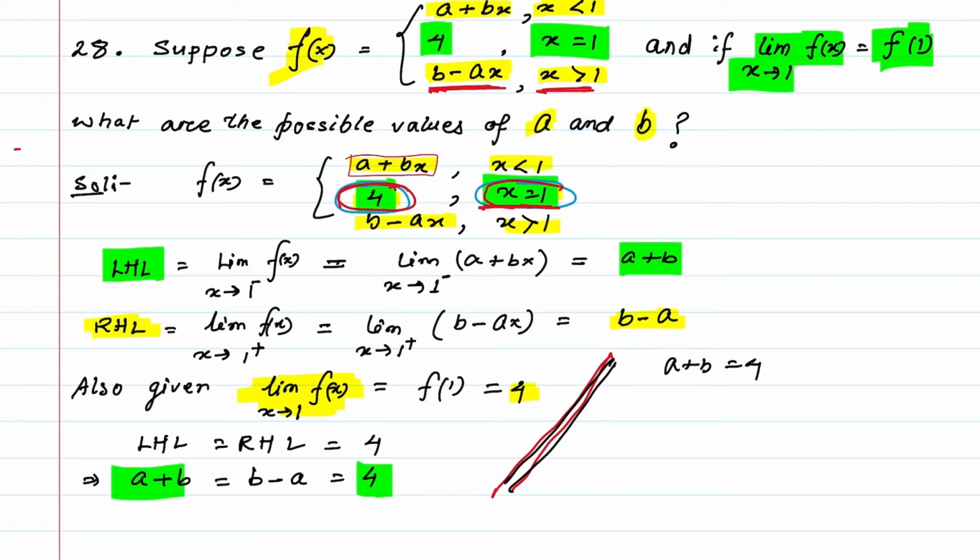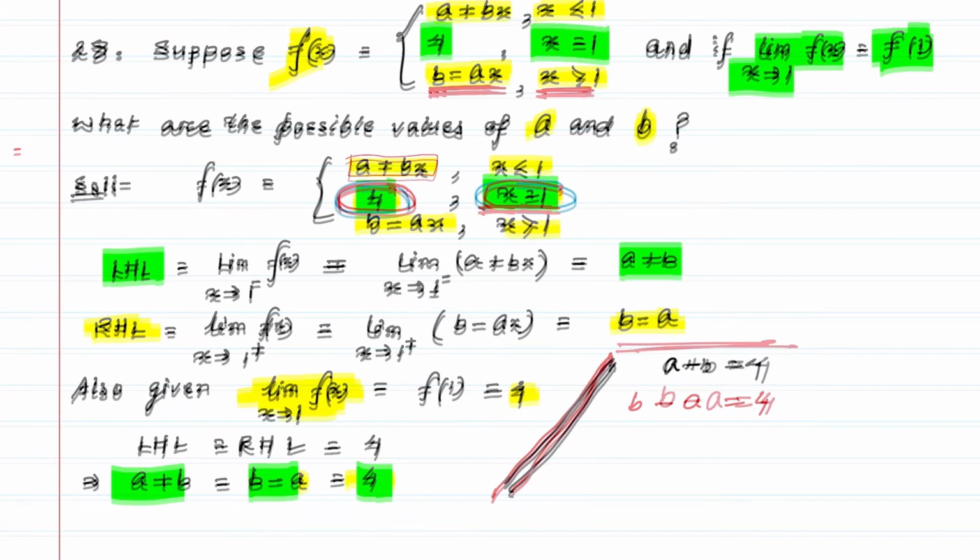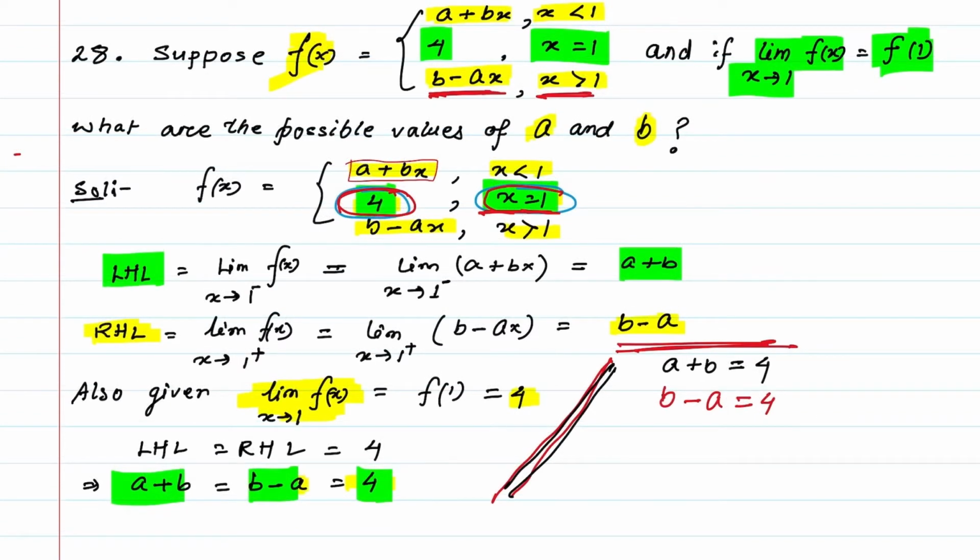Then let us take b minus a is equal to 4. Now let us solve these two. Let us call this one as 1, this is 2. If you add 1 and 2, then what will happen?